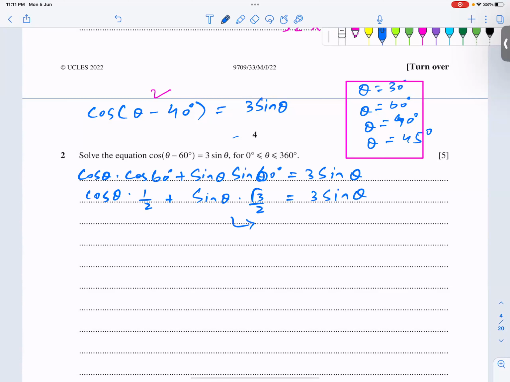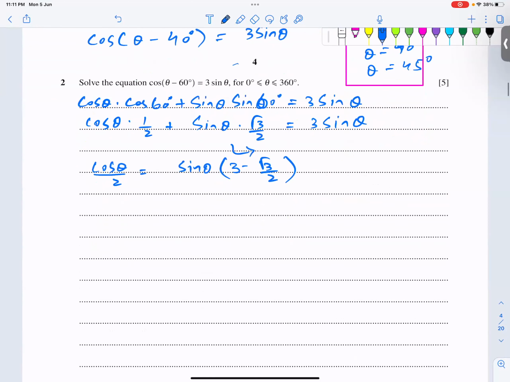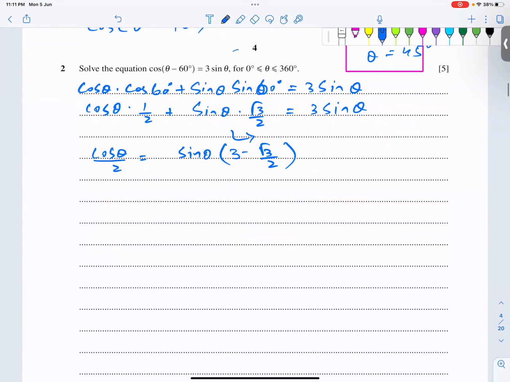Now you can bring this on the other side. So cos theta over 2 is equal to, I will take sine theta as common, so the right side will become 3 minus square root 3 over 2. Okay, now just take the LCM on the right hand side. So this will become sine theta times (6 minus square root 3) over 2. So we can cancel this 2 on both sides.